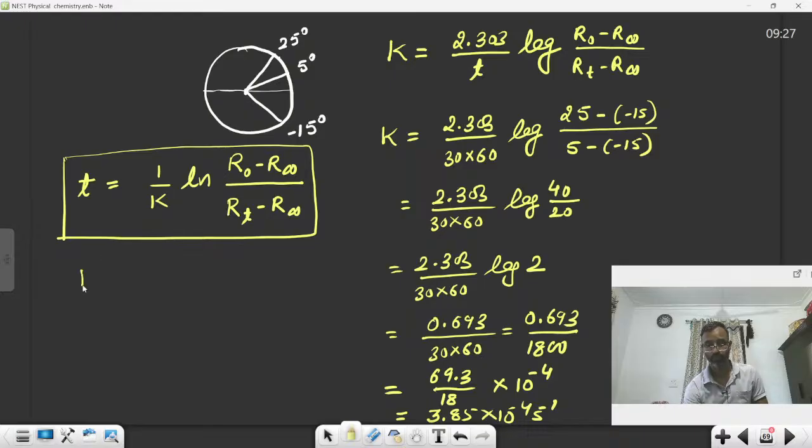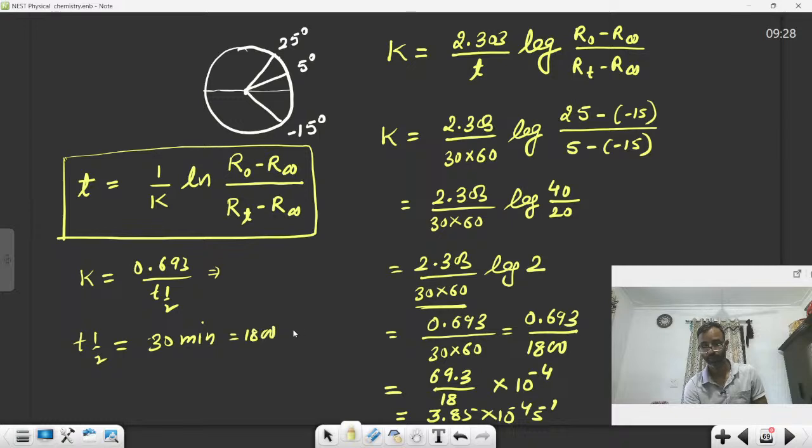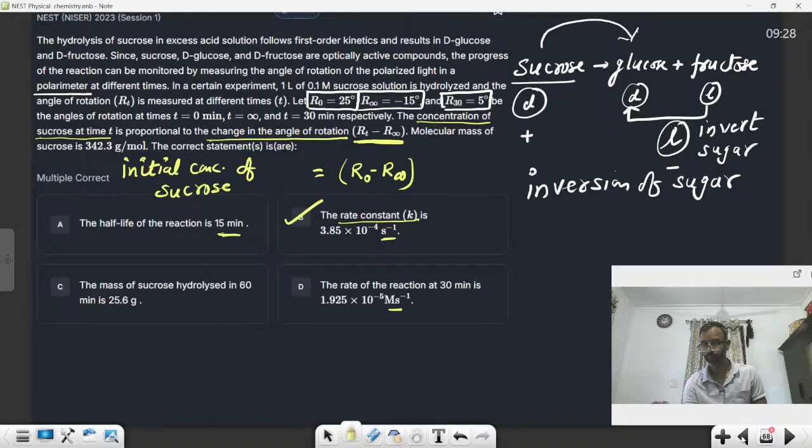For first order kinetics, k is 0.693 upon t half. And what is t half then? This is only t half, that is 30 minutes or 1800 seconds. That means option A is incorrect.